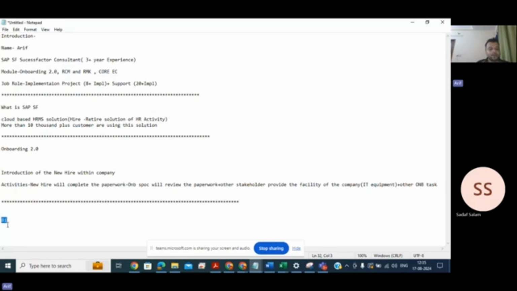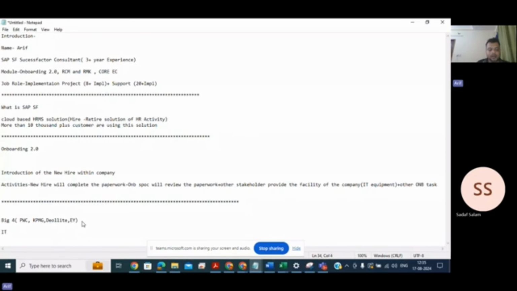One is the Big Four, which includes PwC, then KPMG, then Deloitte, then Ernst & Young, EY. These are the Big Four companies.